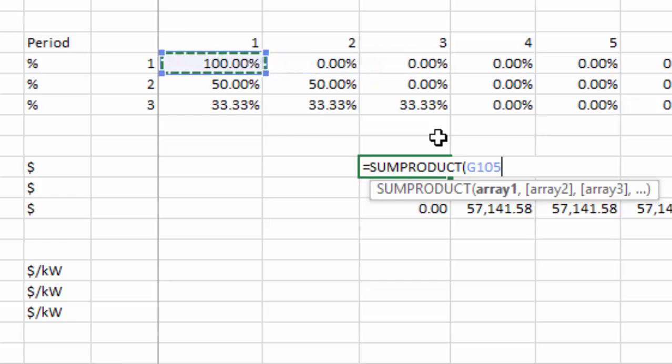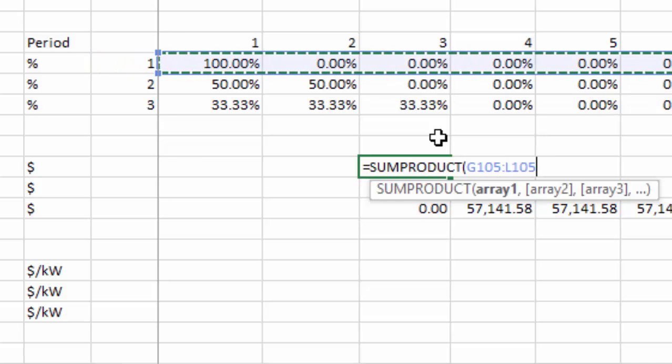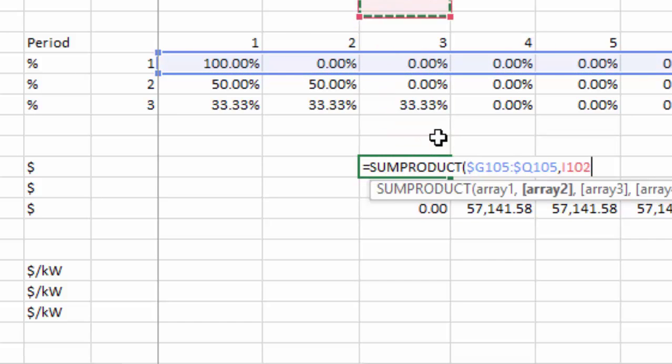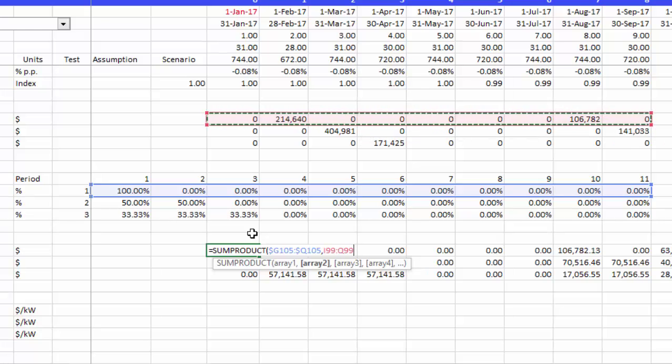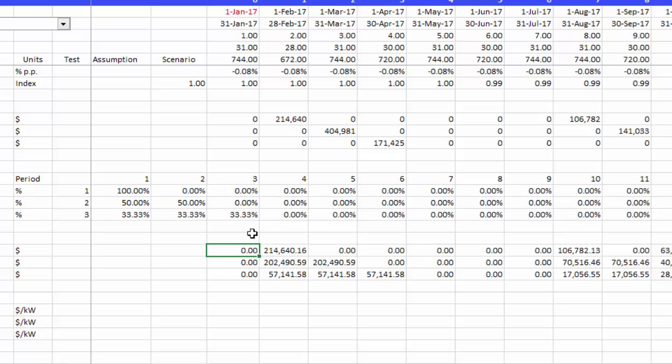We first collect all this and press F4 3 times, just so it locks in, so I can copy this down. And then you have to use the same number of things: 1, 2, 3, 4, 5, 6, 7, 8, 9, 10, 11. Now I press enter.